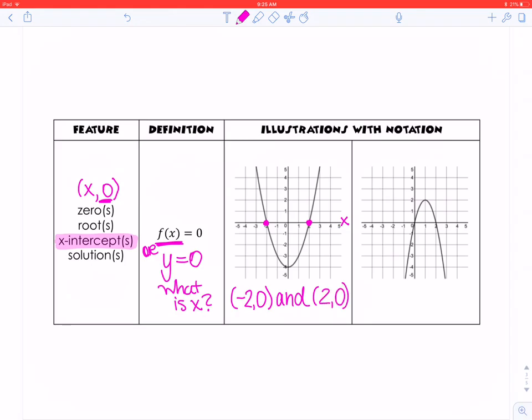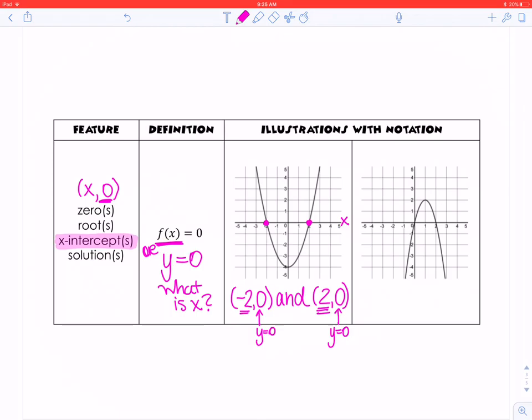Remember, we're looking for where f of x equals 0. So right there, y equals 0, x is -2. Y equals 0, x is +2. We have two solutions. Our graph crosses the x-axis twice.